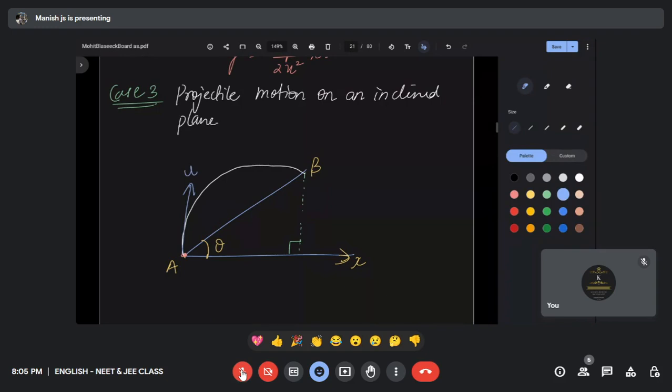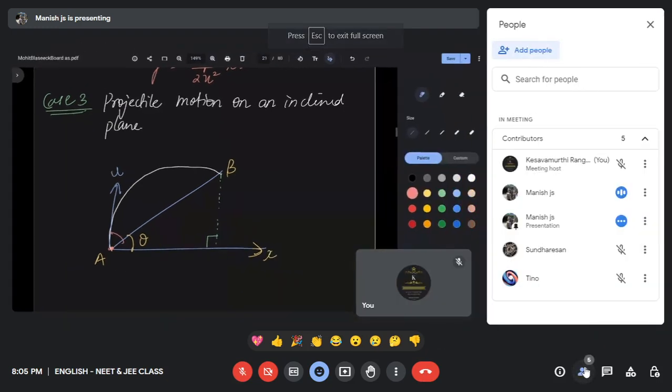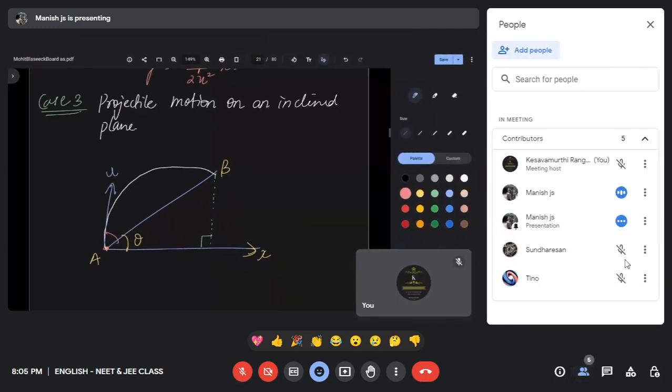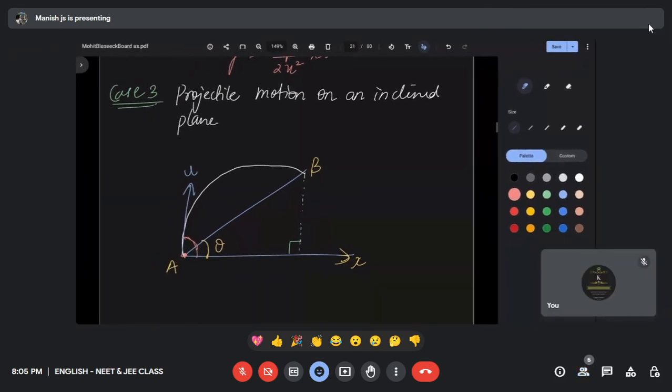So what would be this corresponding angle? If this is theta, the inclined plane, the angle between the inclination and the x-axis need not be 90; there is no compulsion. Here we are trying to generalize, so this need not be 90, not necessarily.